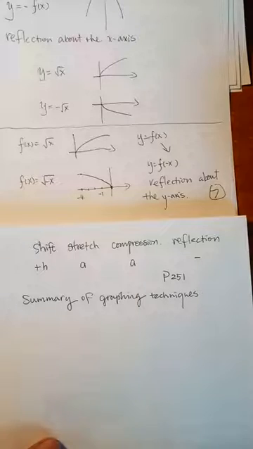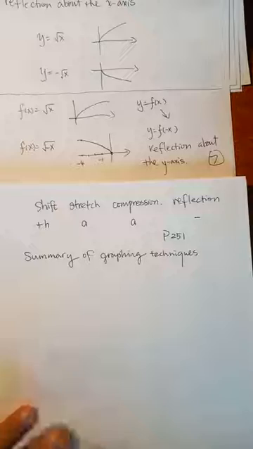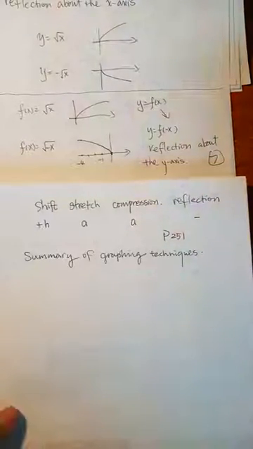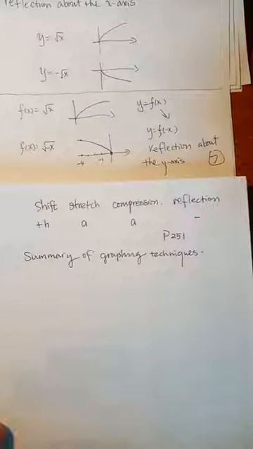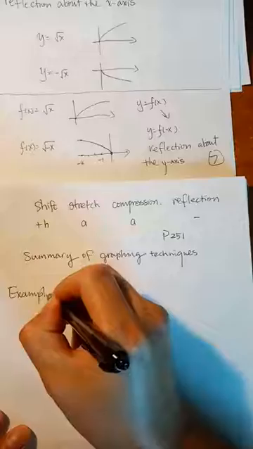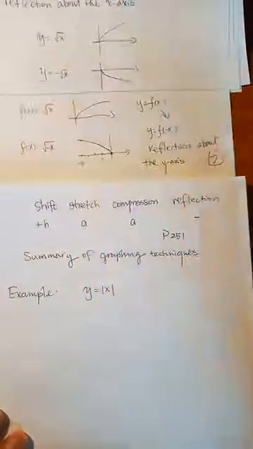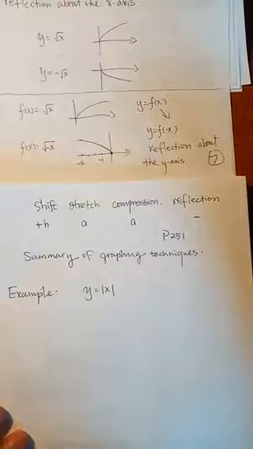Okay, so the next example, we are going to combine those techniques and get the graph of certain complex functions. So first we have our standard function, y equal to absolute value of x.